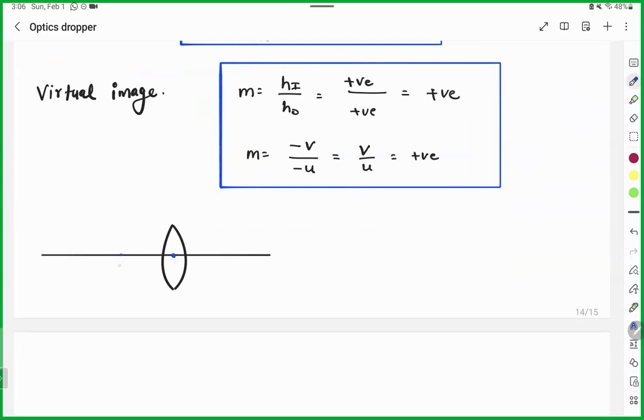Example, this is the focus and double of this is the center of curvature. If you place the object between the focus and the lens, let's take this as P. So what will happen? It will raise the light, and any parallel line will pass through the focus. So it will pass through the focus, and you can expand the same thing here.